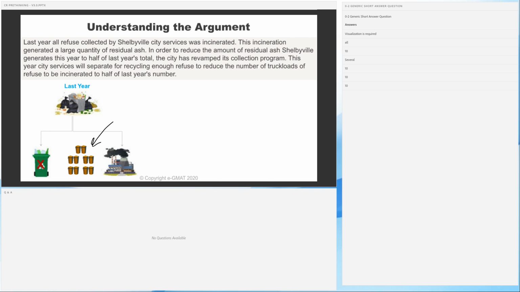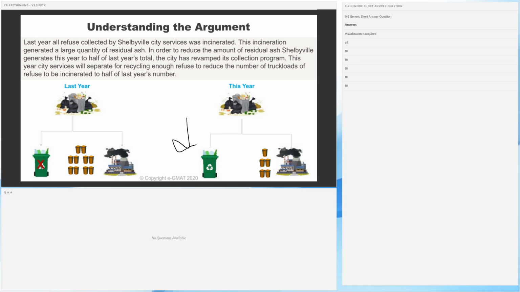Thank you for counting. Now this year, we're going to recycle and we're going to send some trucks over here. Now, read the argument. Last year we sent 10 trucks for incineration.